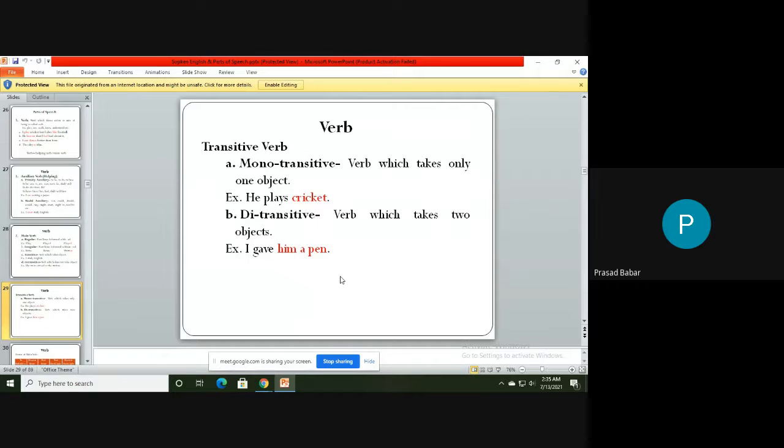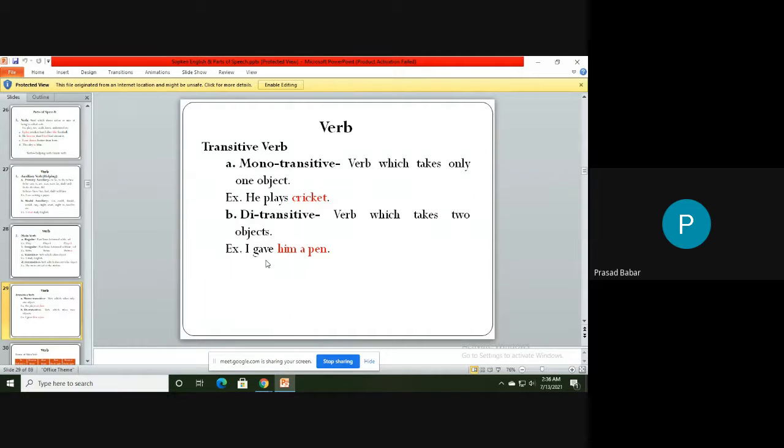What are these objects then? Him and a pen. When we ask the question what to the verb, there comes direct object, and when we ask to whom, then there comes indirect object.